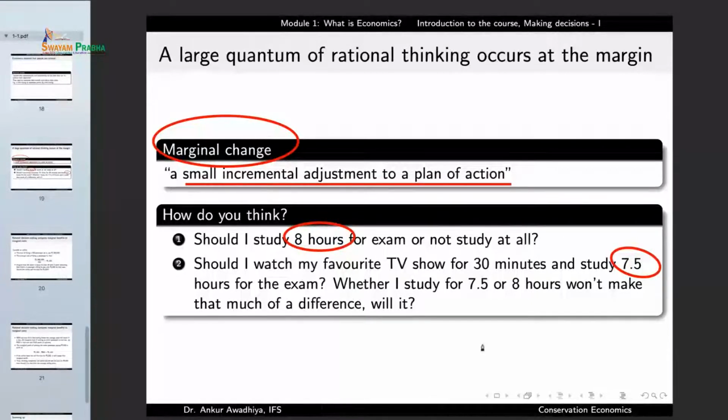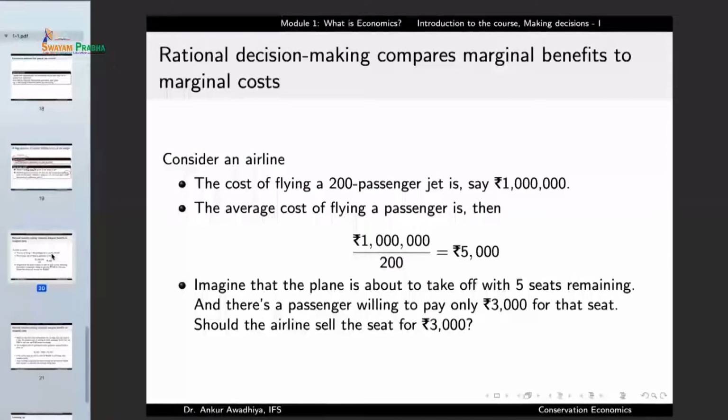For example, take an airline, and suppose the cost of flying a 200 passenger jet is 10 lakhs of rupees. So the average cost of flying per passenger is 10 lakhs divided by 200, which is 5,000 rupees. Now, suppose the plane is about to take off and there are 5 seats remaining.